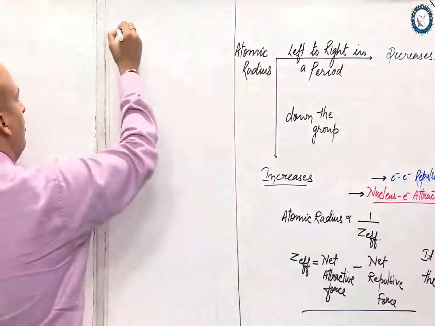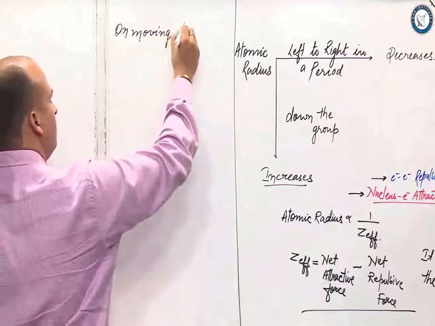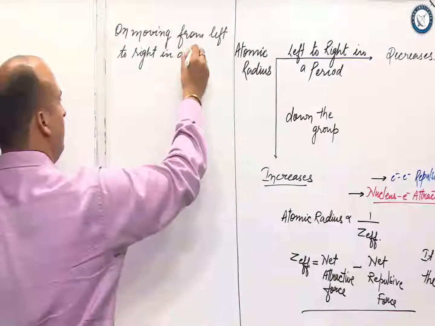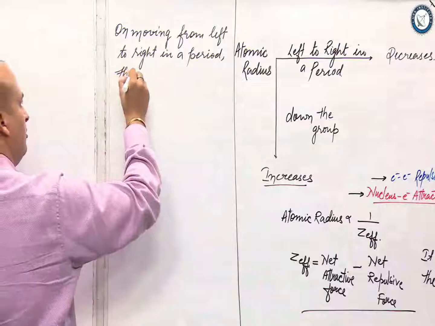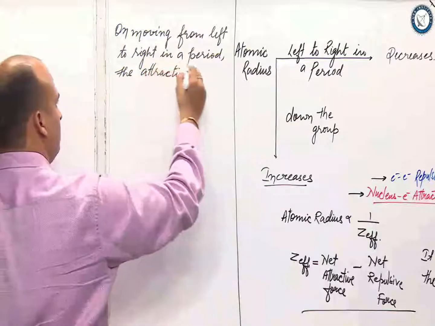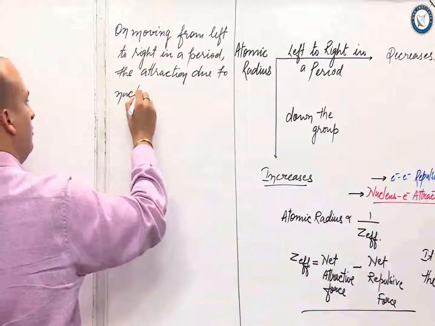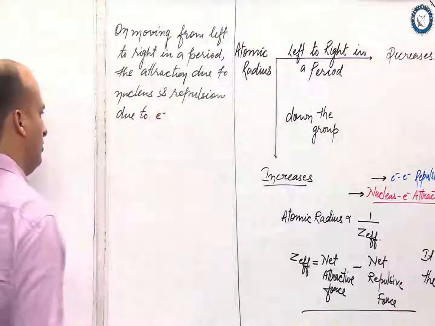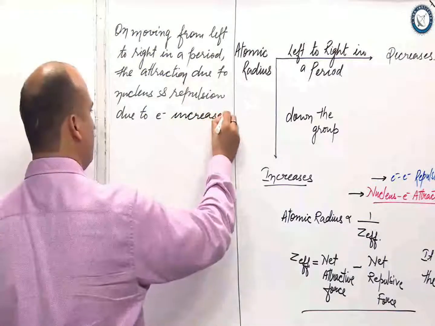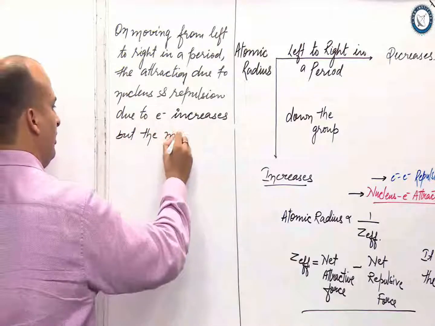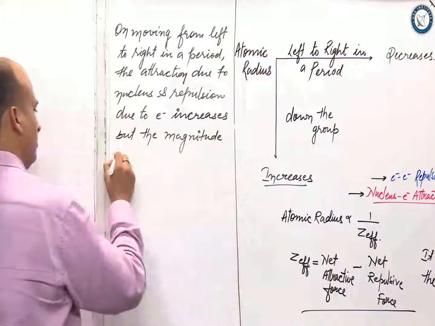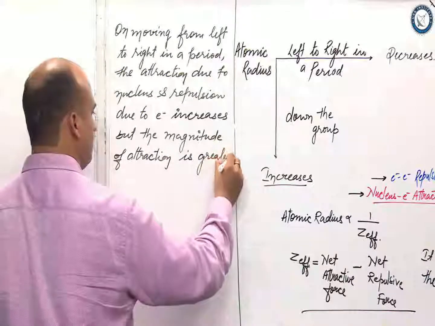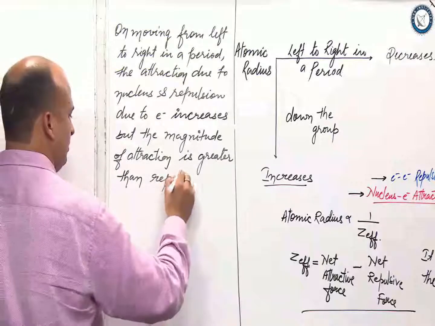I am saying on moving from left to right in a period, the attraction due to nucleus and repulsion due to electrons increases, but the magnitude of attraction is greater than repulsion.